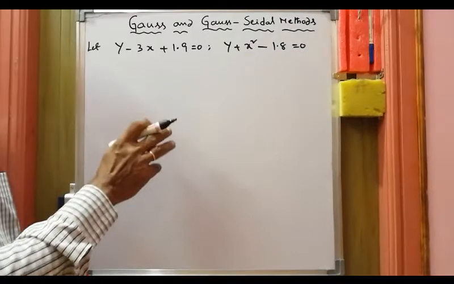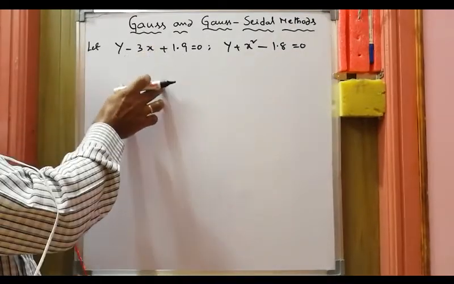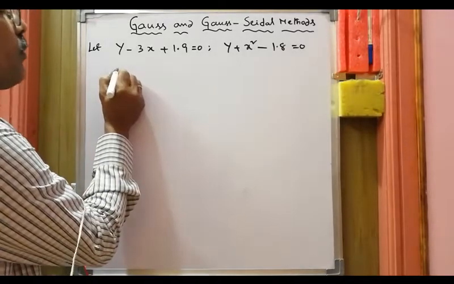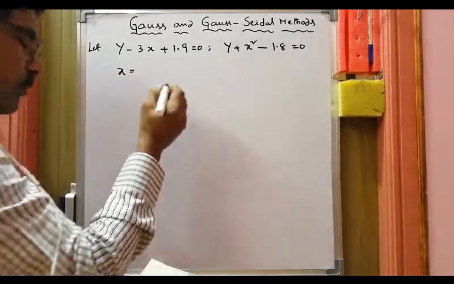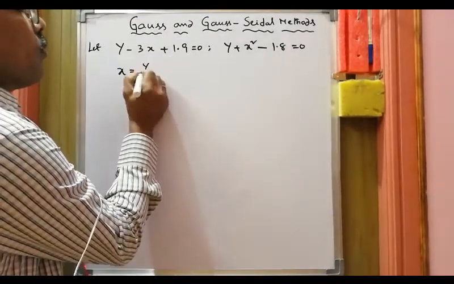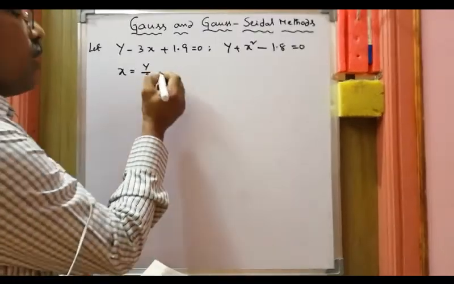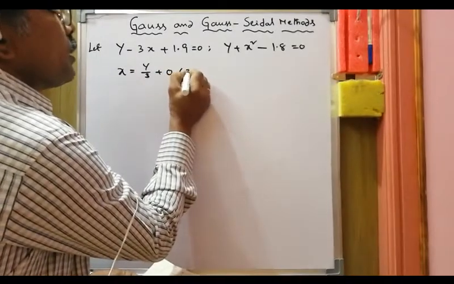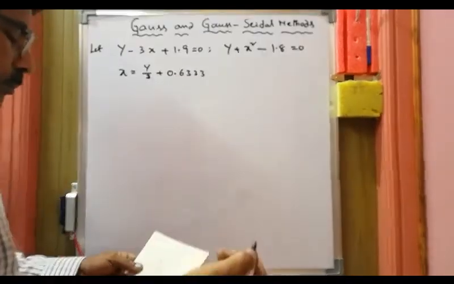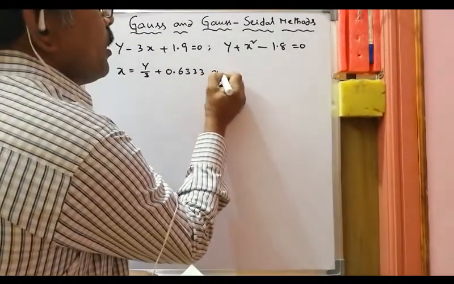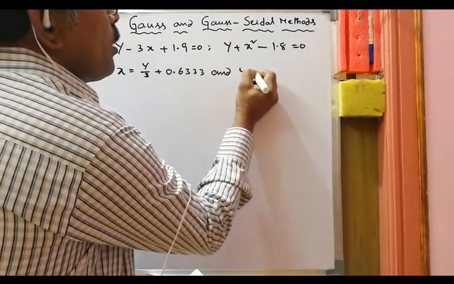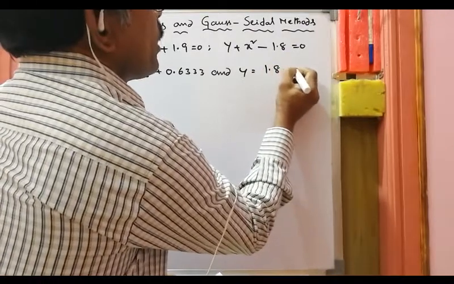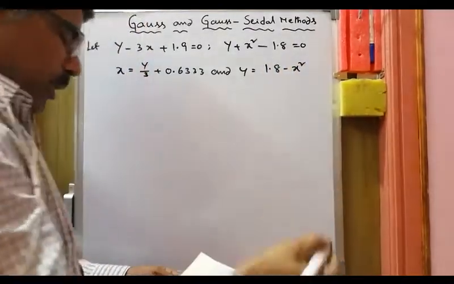the first step is we need to extract x from the first and y from the second, like x equal to y by 3 plus 0.6333 and y equal to 1.8 minus x square.